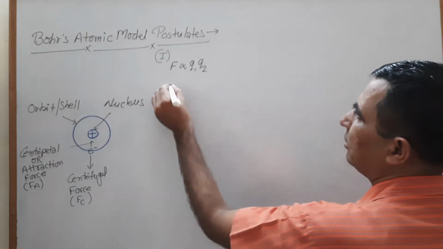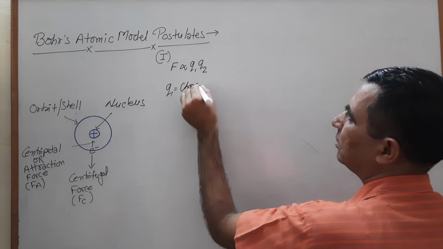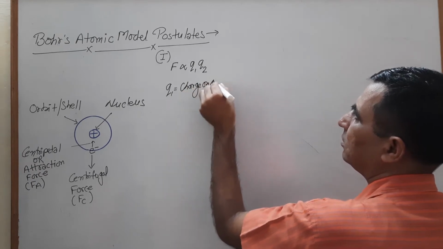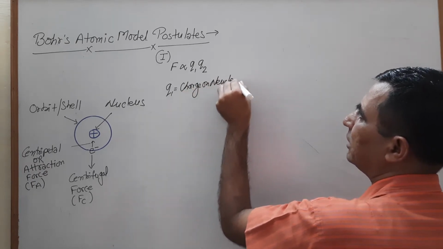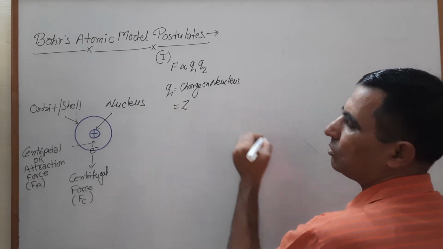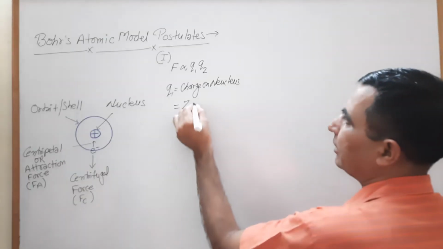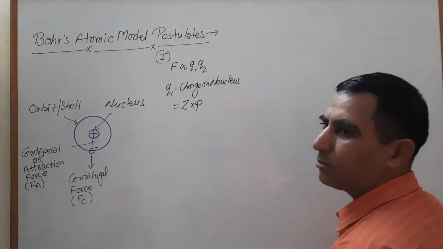Let the value of Q1 equal the charge on the nucleus. The charge on the nucleus is Z, the number of protons present, multiplied by the charge on one proton.